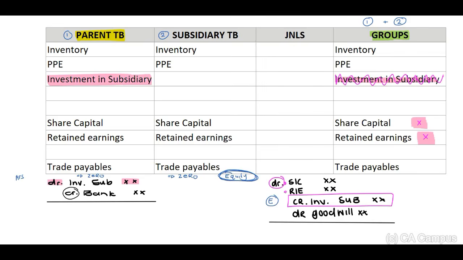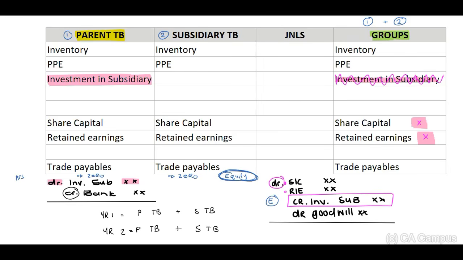Now, very important, at the end of year 1, you will receive the trial balance of your parent plus the trial balance of your subsidiary. Then, at the end of year 2, you will receive the trial balance of your parent plus the trial balance of your subsidiary.